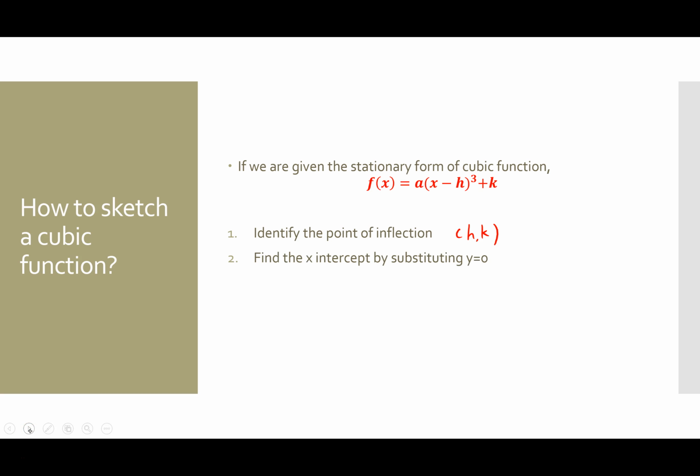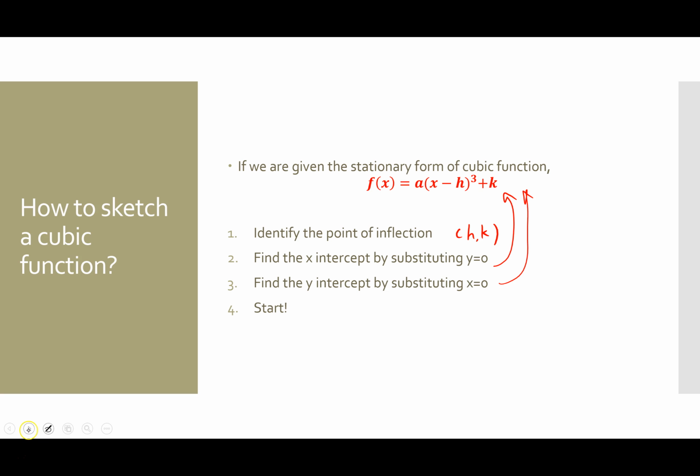The second thing is to find the x-intercept by substituting y equal to 0 into the stationary form. Then we also find the y-intercept by substituting x equal to 0 into the stationary point form again. Then we'll be able to start to sketch our cubic function.